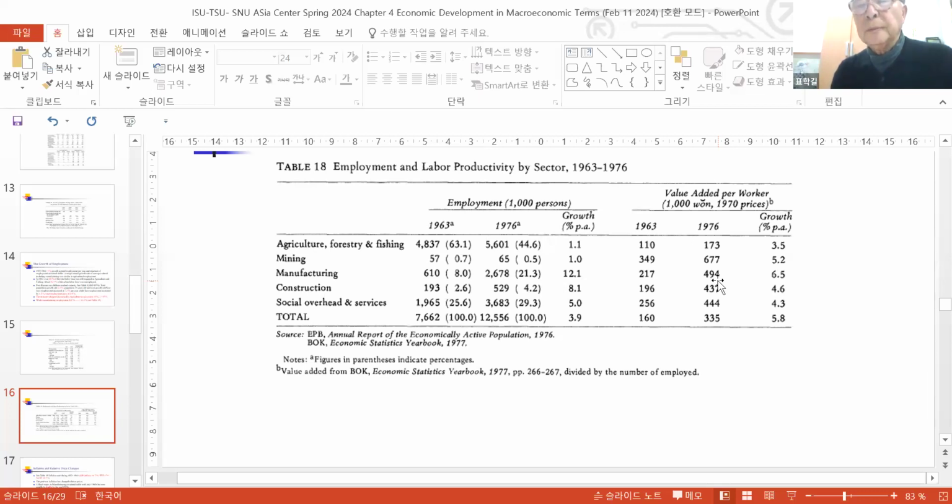Okay. We call value added per worker labor productivity. Per worker, how much do you produce? Okay, so labor productivity is value added per worker in this table.